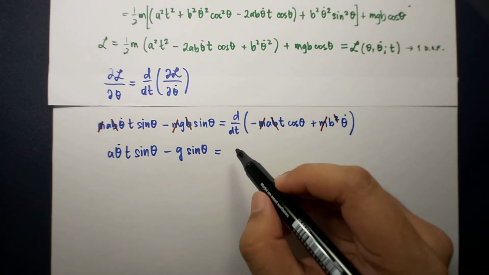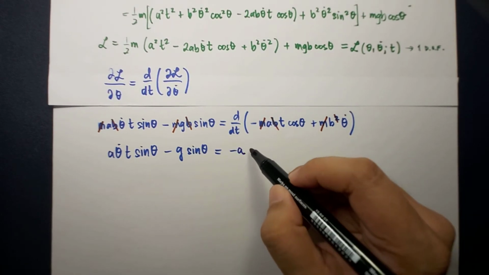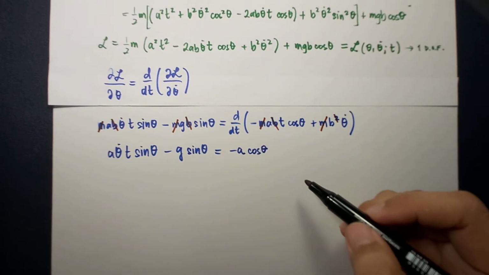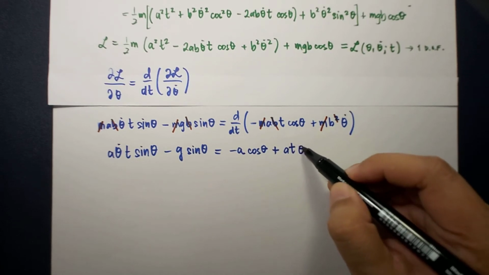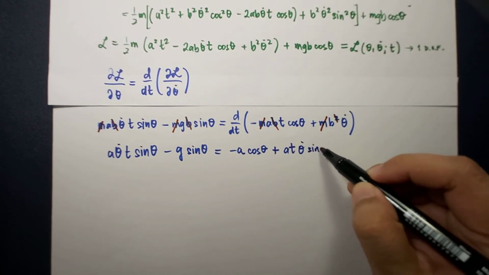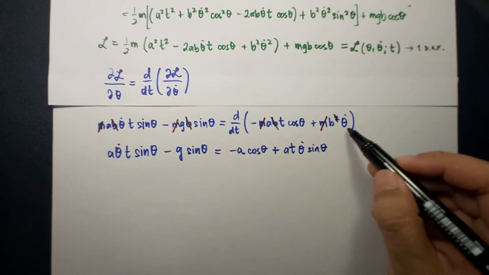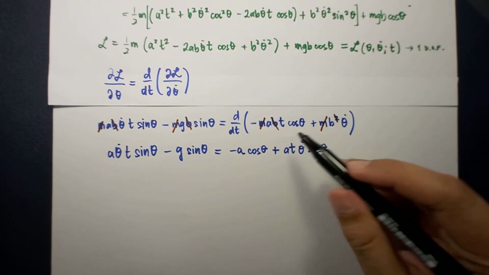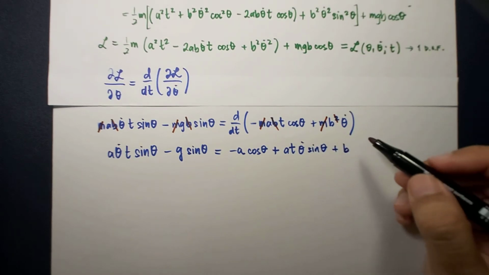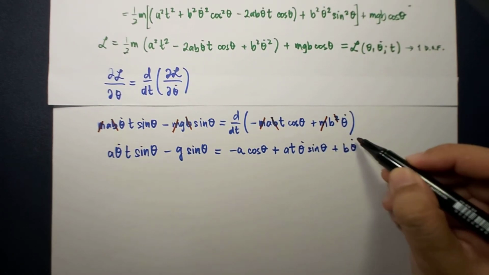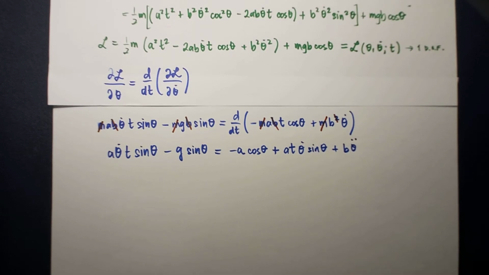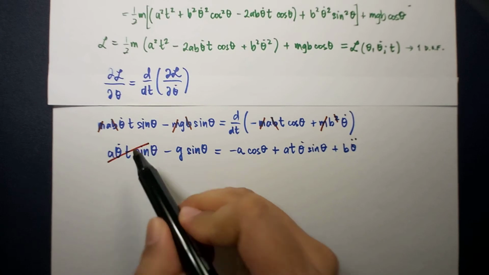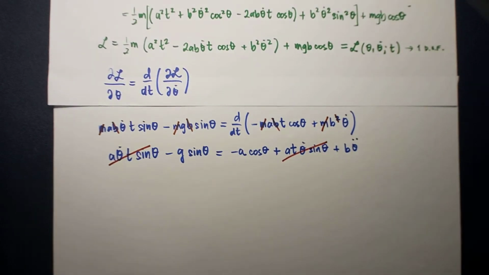So this is now equal to negative a cosine theta plus a t theta dot sine theta, and then this one, the derivative of this with respect to t, would be plus b theta double dot. Okay, so now we can simplify this by, number 1, canceling this with this, right?